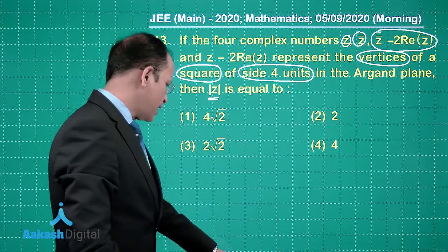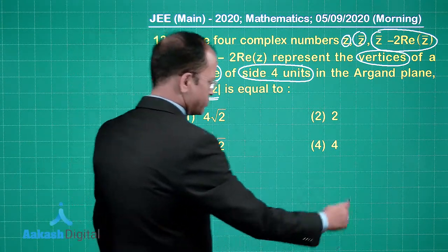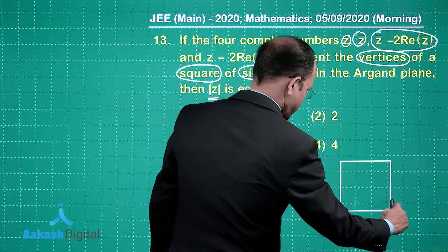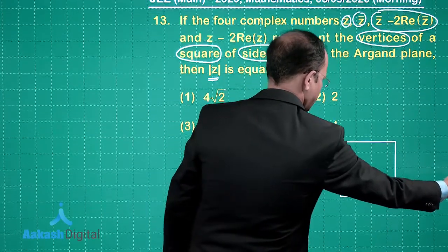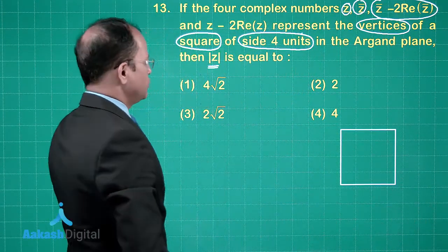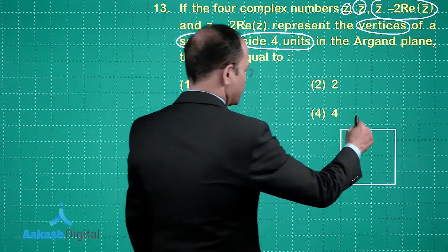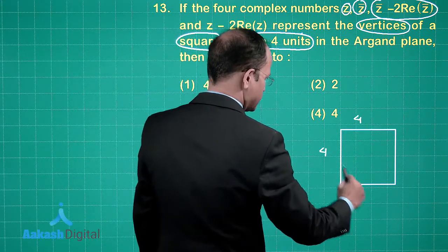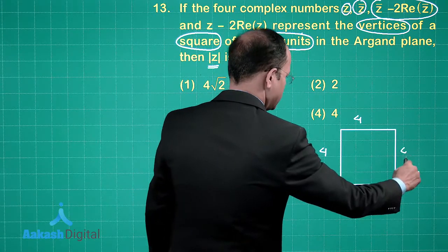Now let's have a look at the square first of all. Let's draw that square in this case, I think that will really help us. This is 4 units, and this is 4 units because the sides are equal in a square.